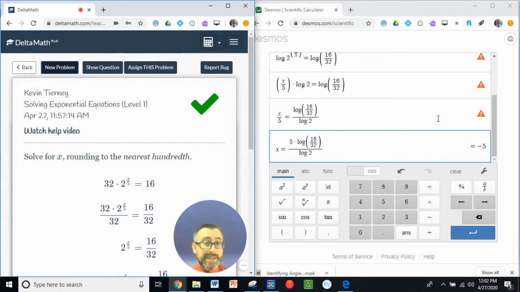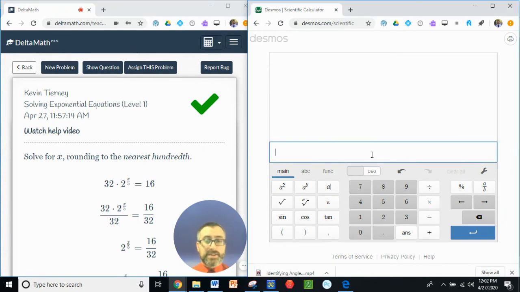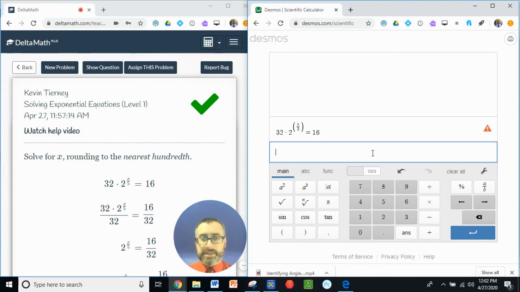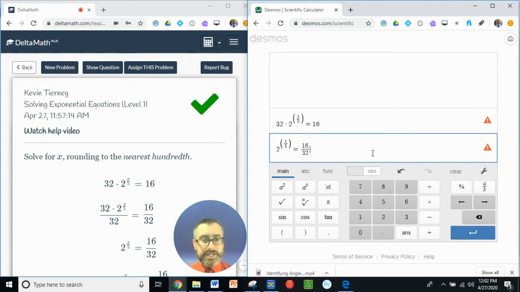Another way that we could have done this is by recognizing some of the simplifying that could have happened earlier on. When I had 32 times 2 to the x over 5 equaling 16, and then I did that first step of dividing, I reached 2 to the x over 5 equals 16 over 32.